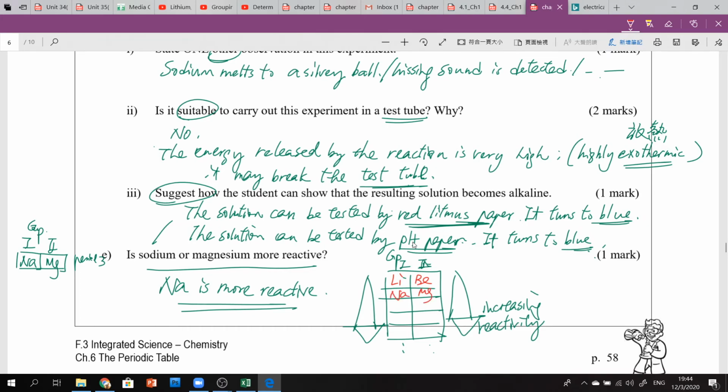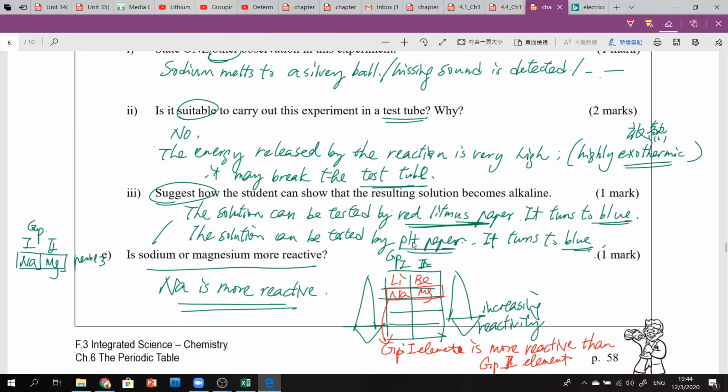So when you compare amongst the two, for example, you may see that group 1 elements in the same period are more reactive than group 2 elements.